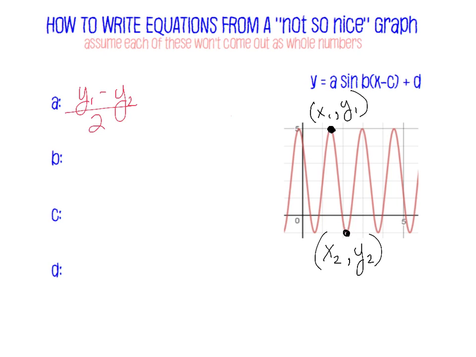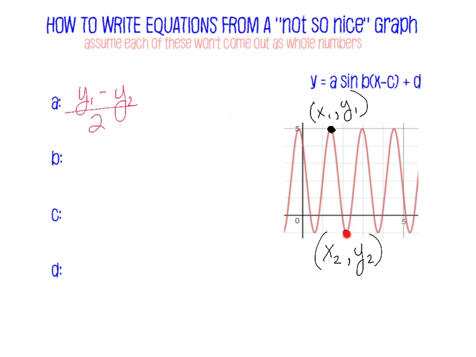Now let's talk about the vertical displacement while we're talking about the amplitude, because they are very, very similar. They both deal with how high and how tall that wave is and where it falls. If I wanted to find the D value, I want to find the middle of these 2 points. Now don't get caught up in the actual midpoint, because I'm not looking at the angled line from one point to the next.